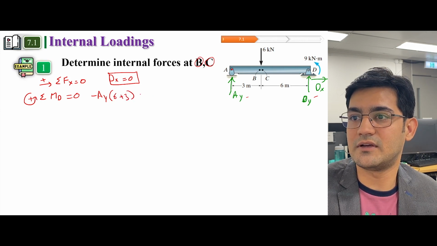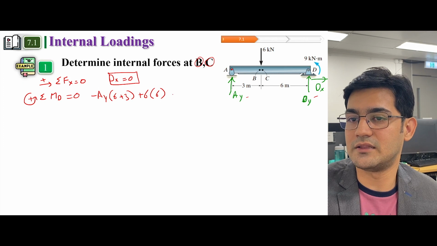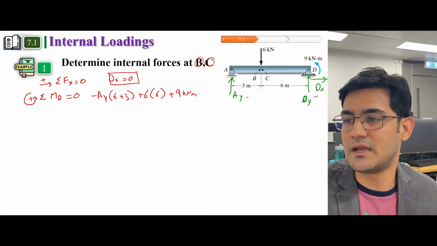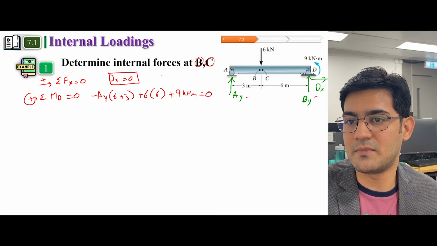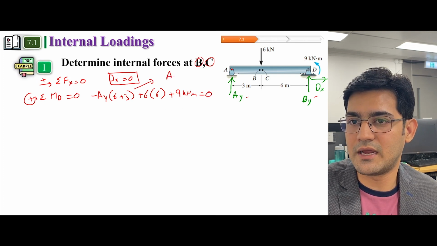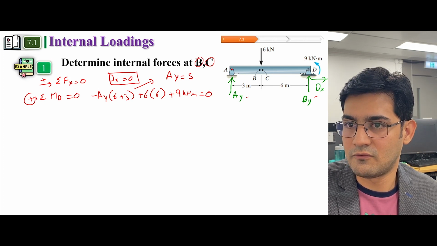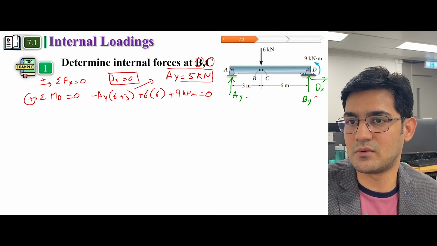And then we have another force 6 which is anti-clockwise, so it would be positive, and the distance is 6. And we have an anti-clockwise moment also, which is 9 kilonewton meter. We don't have anything else, so it equals 0. If we do the math, we will get AY is equal to 5 kilonewton. So this is our AY.